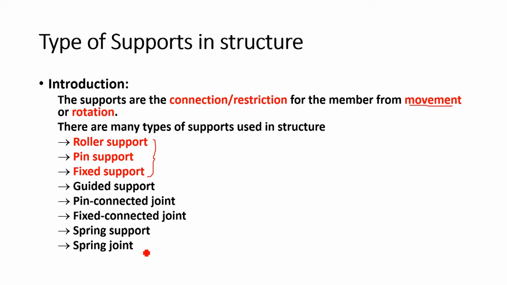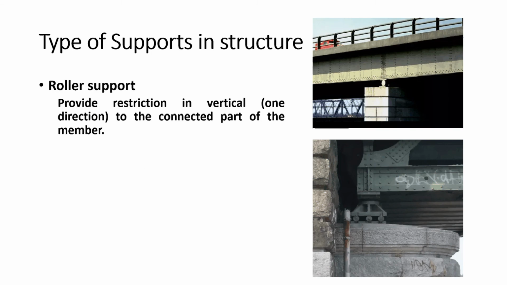These supports are nowadays also common in structures. Particularly, spring supports and spring joints you can see in damping structures and frame structures. We'll discuss each type of support separately, so you will get some idea of what these supports actually are.